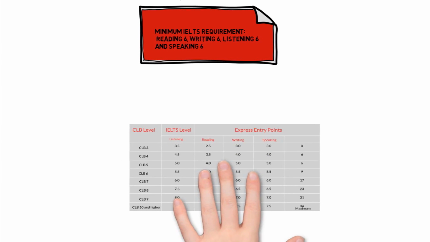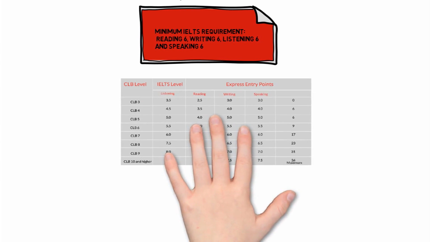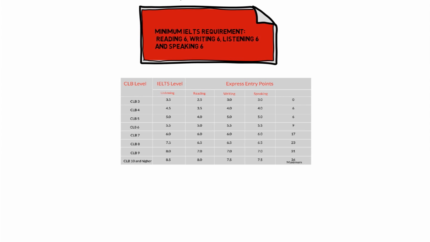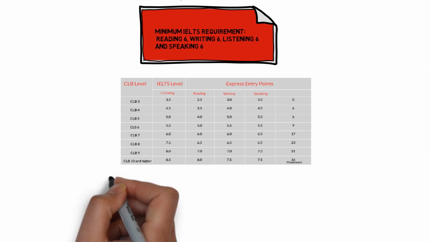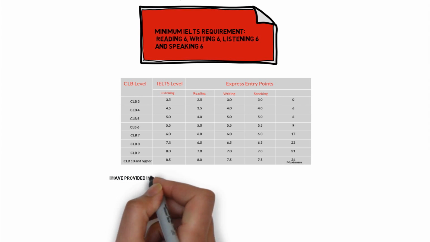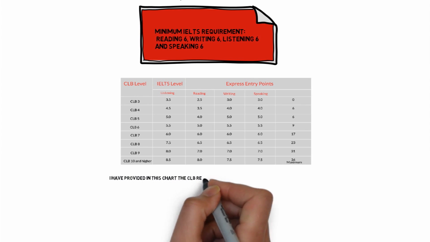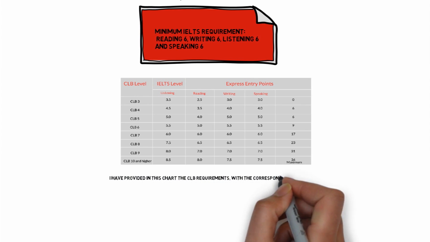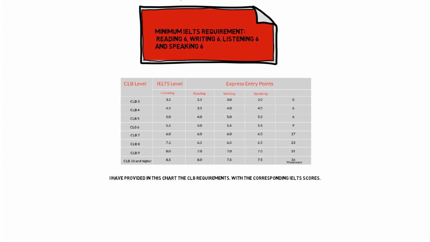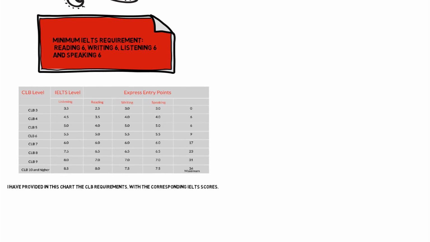The Canadian immigration authorities always evaluate language requirements with the Canadian benchmark method, also referred to as CLB. I have provided in this chart the CLB requirements with the corresponding Ielts scores.